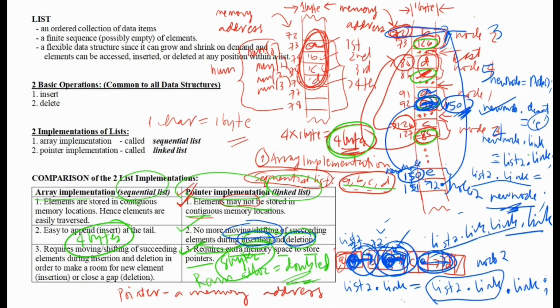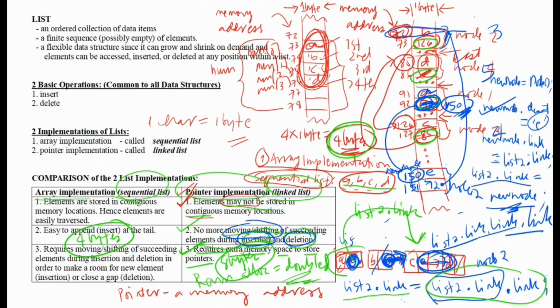So list2.link, which is this one, points to where this is pointing. This is pointing to that. So it will just point there. Okay, this is now your list2.link. Instead of pointing there, that is cut, and now it points there.